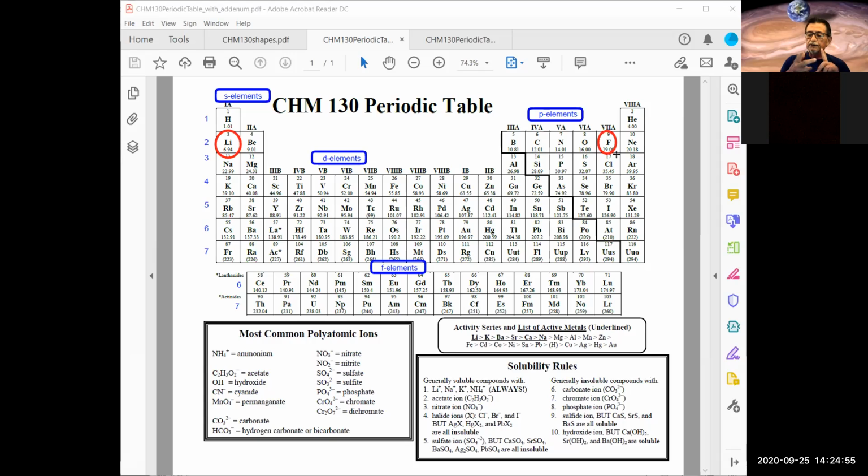That's one reason. The second reason is lithium is a metal, and metals, by the nature of the beast, want to give off electrons. So across the periodic table, if I'm comparing a metal and a non-metal, the non-metal automatically is going to have a higher ionization energy, okay?